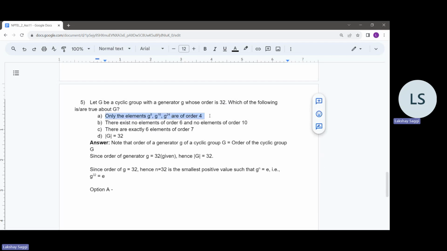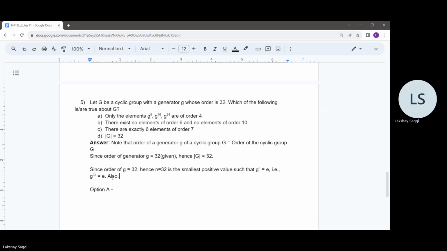The option says only the elements g raised to power 8, 16, and 24 are of order 4. First of all, one observation we need to make here, which has been discussed in the lectures also: g raised to the power 32 is the smallest value at which it takes the value e. What this means is that g square, g cube, g to the power 4, till g to the power 32 are all different from each other.